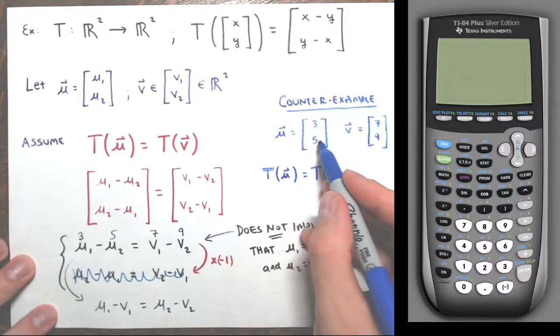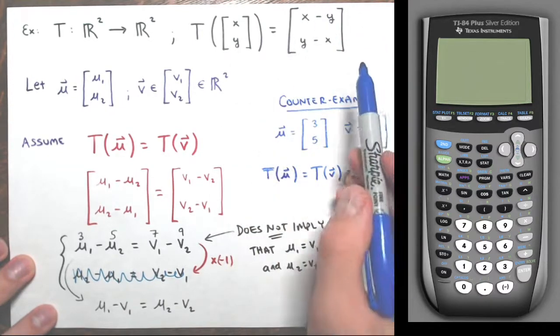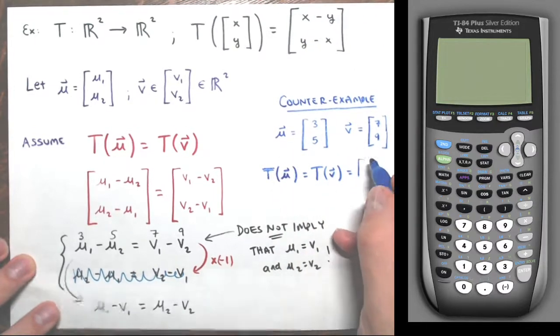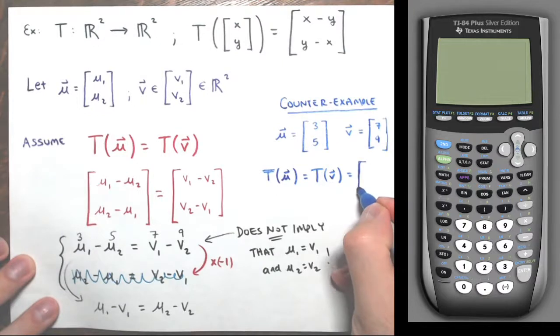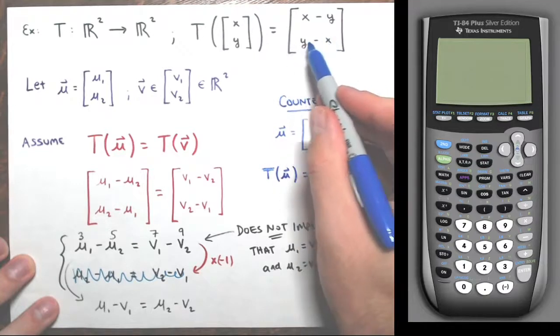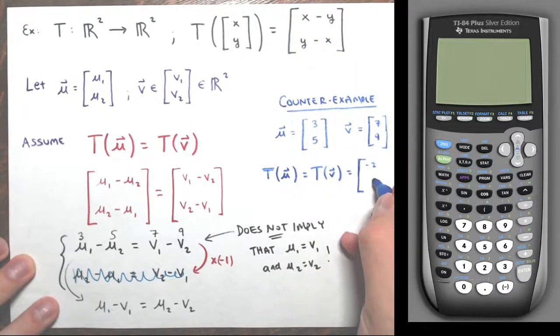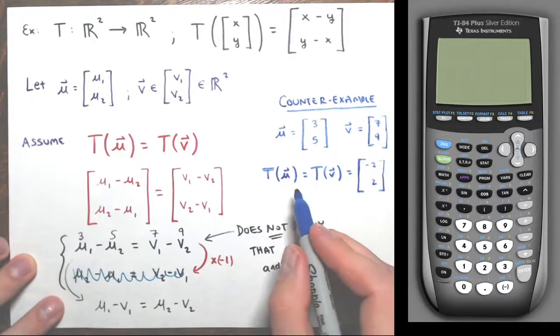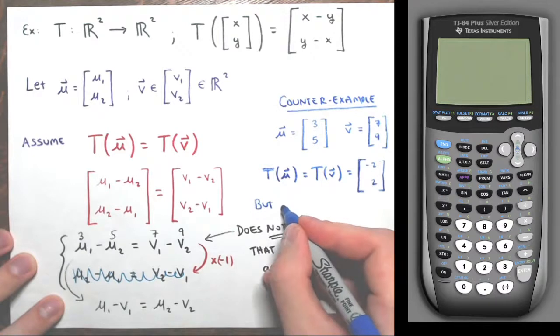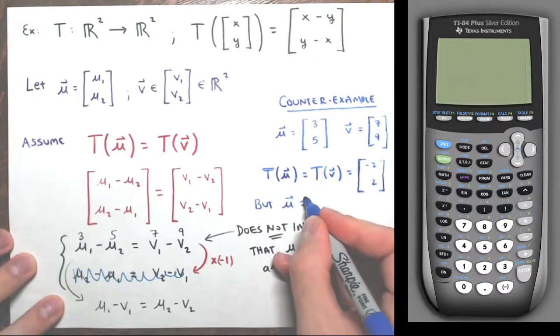If I plugged either one of these into this, the first component would be 3 minus 5, so -2, or 7 minus 9, -2. And the second component would be the other way around: 5 minus 3, 9 minus 7 would be +2, for both of them. So T of u is equal to T of v, but u is not equal to v.